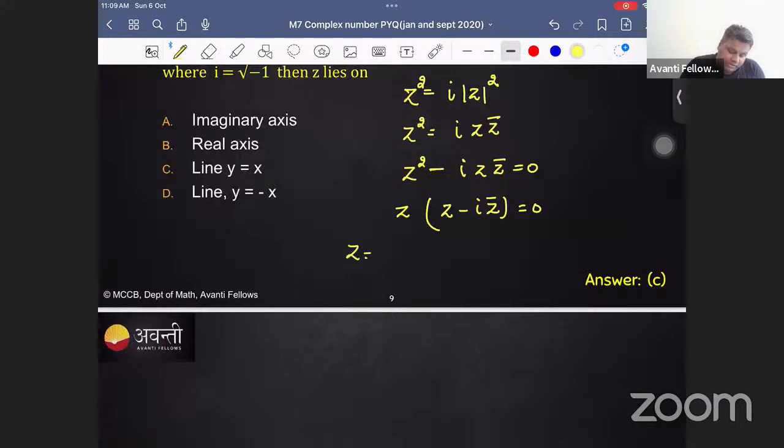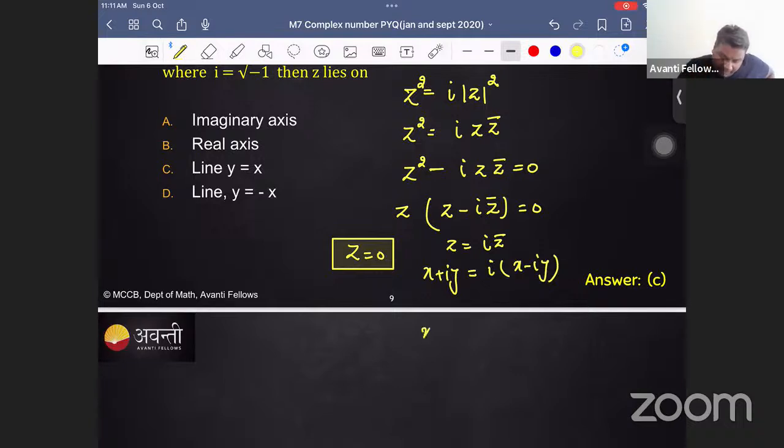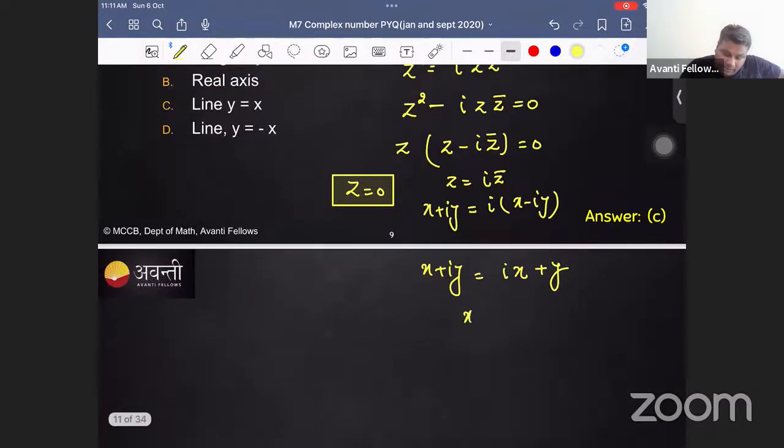Now one option is that z equals 0. Z equals 0 means 0 plus 0 iota. Got it? The other option is z equals iota z bar. Now if z is x plus iota y, then z bar is x minus iota y. So it will become x plus iota y is iota x plus y. Now if I compare their real parts as well as their imaginary parts, I ultimately end up with the equation x equals y.